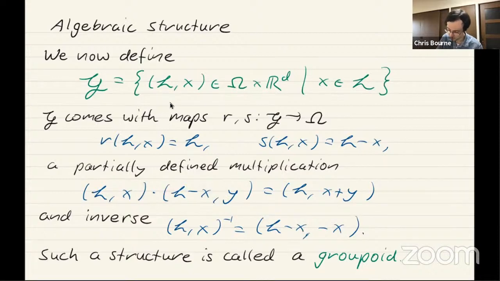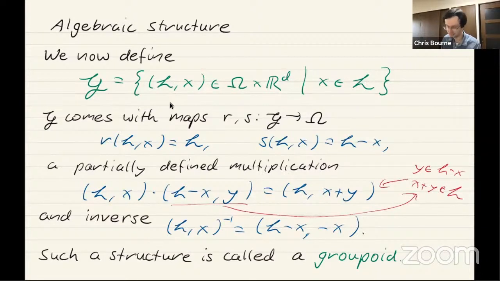What does this mean? If I have this point here, then this is telling me that Y is in L minus X. Rearranging, this says that X plus Y is in L. So I get another element, (L, X plus Y).